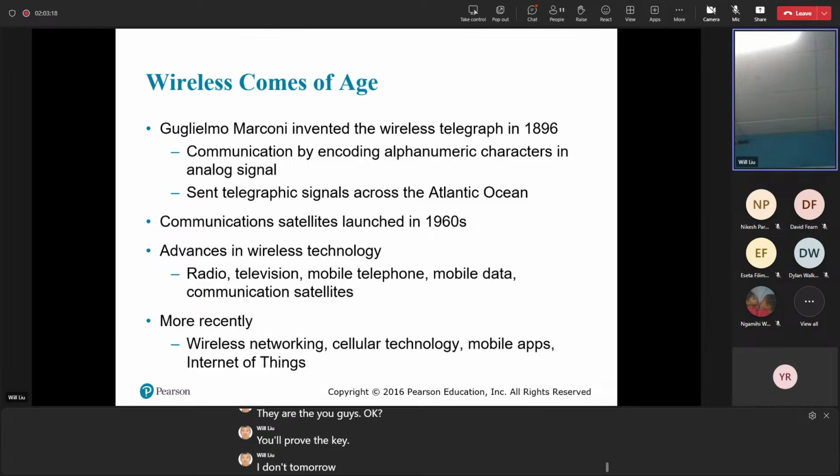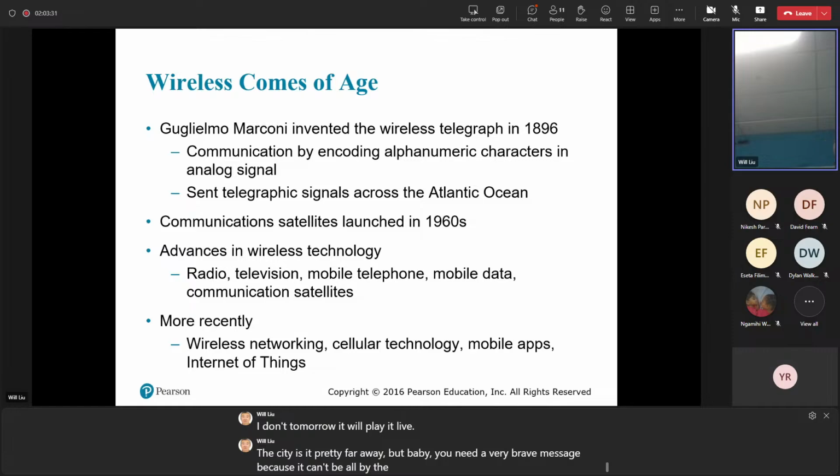Tomorrow I go to play lunch, I'm joking. If it's a city, it's quite far away. But basically, you need a very brief message, because they charge you by the letters.